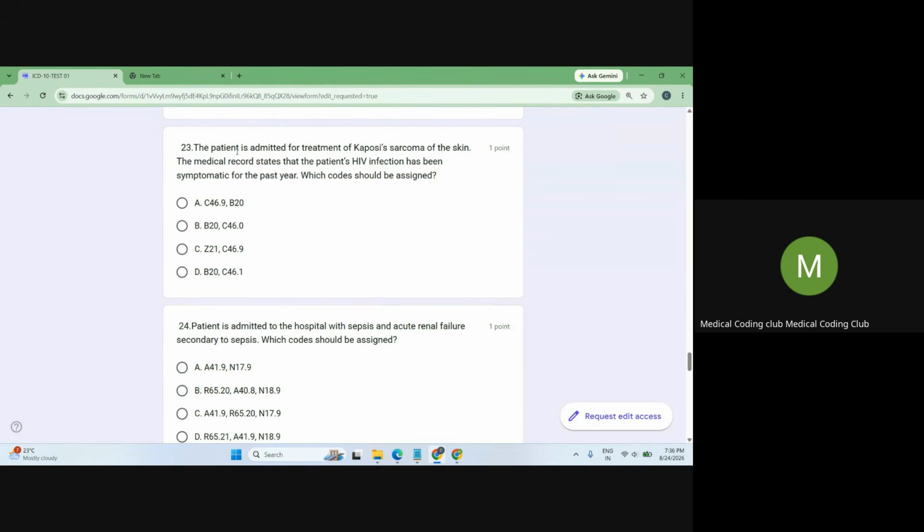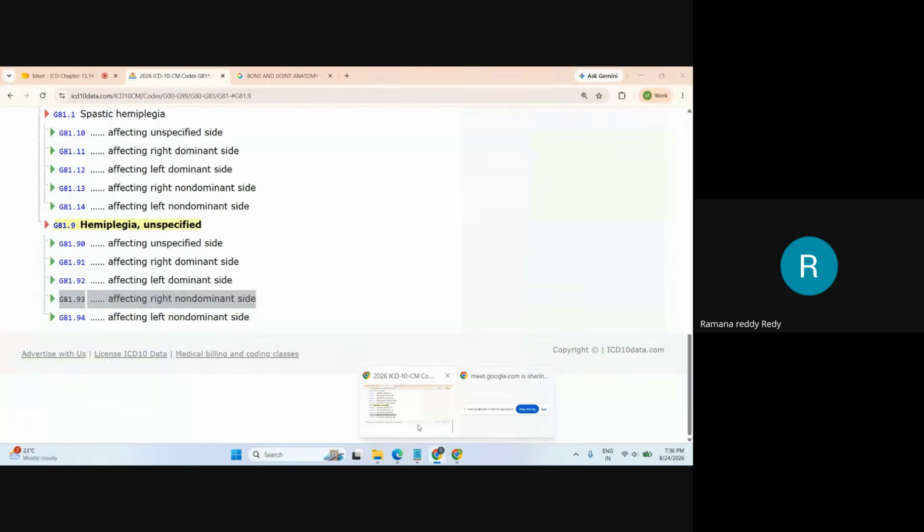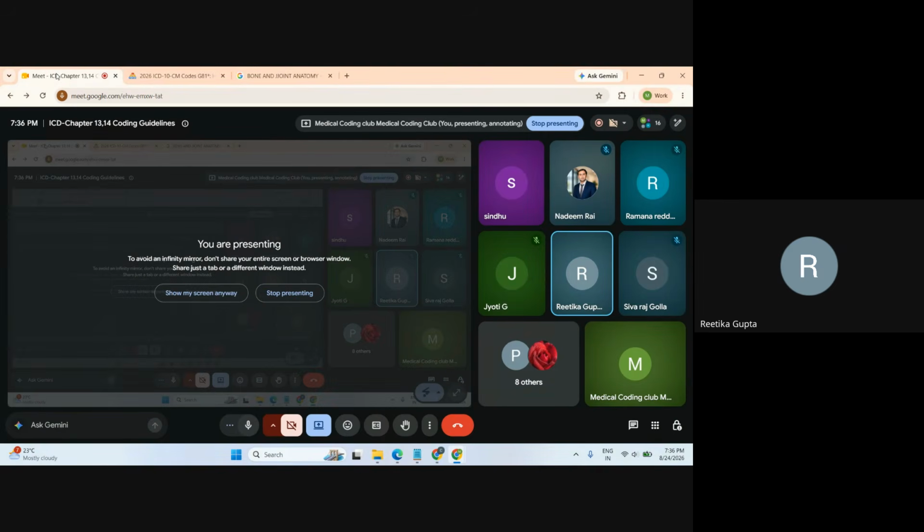Then the patient is admitted for treatment of Kaposi sarcoma of the skin. The medical record states that the patient's HIV infection has been symptomatic for the past year. Which code should be assigned? Kaposi sarcoma is an HIV related condition. So for a patient admitted for an HIV related condition, what should be your primary diagnosis? B20.